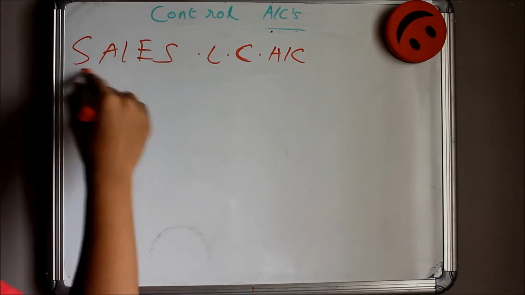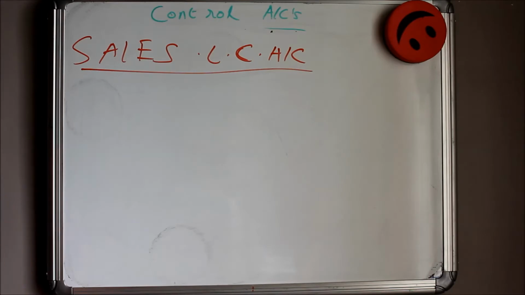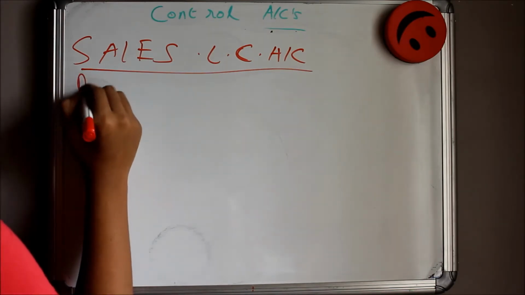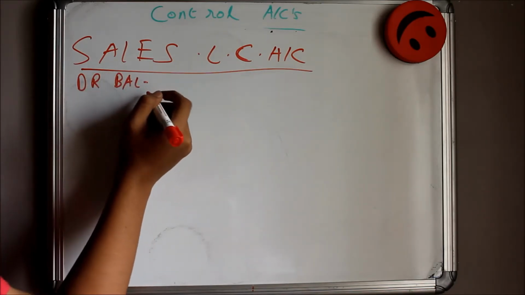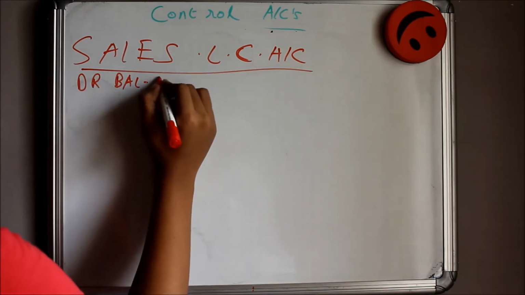Now in that, there are two possibilities of the balances. First of all, there's a debit balance. This represents the money owing by the debtors.